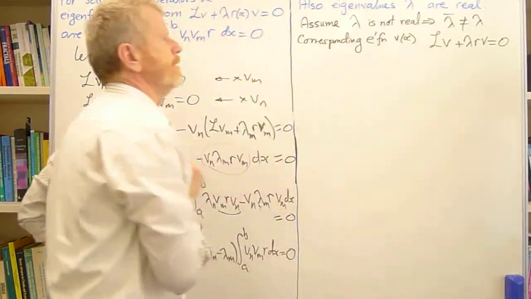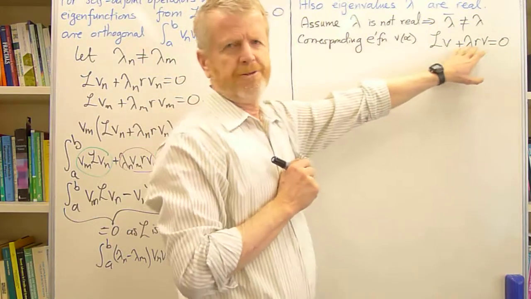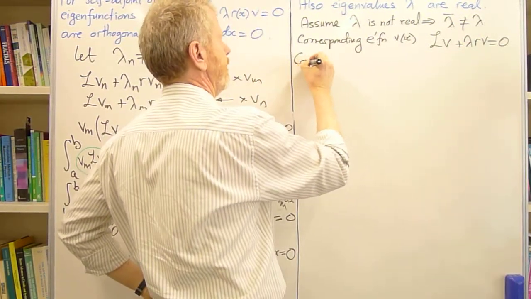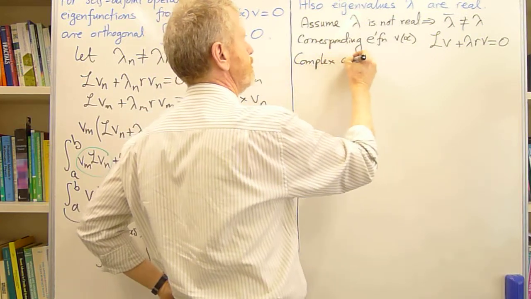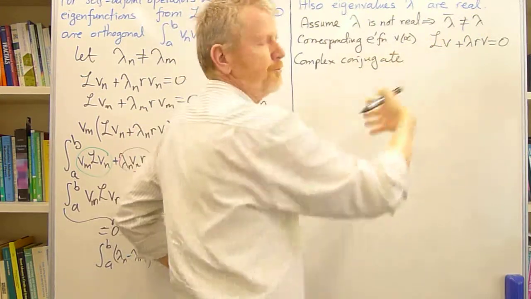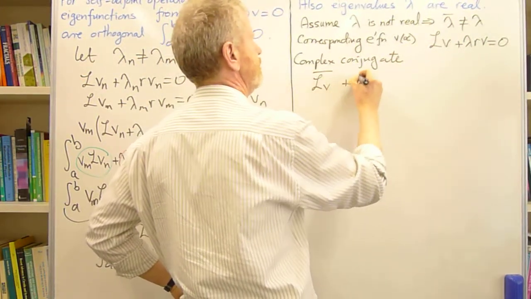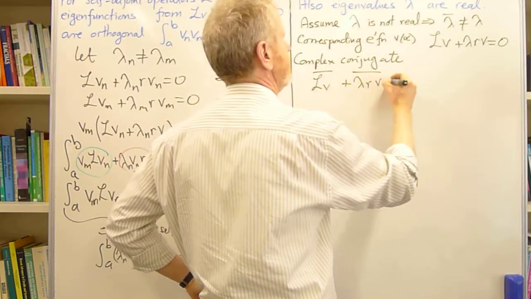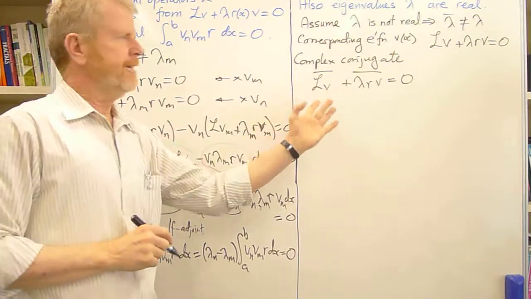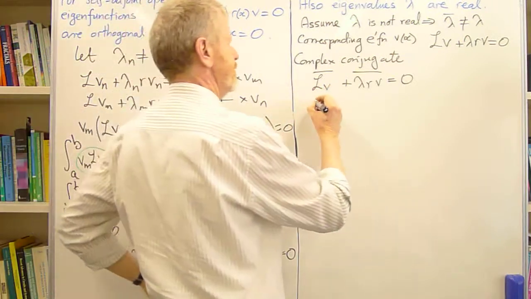Now let's have a look at a consequence of this. Let's take the complex conjugate of this equation. Okay, complex conjugate. And what happens? So a complex conjugate of a sum is the sum of complex conjugates. And 0 is its own complex conjugate. Then the complex conjugate of a product is the product of the complex conjugates.